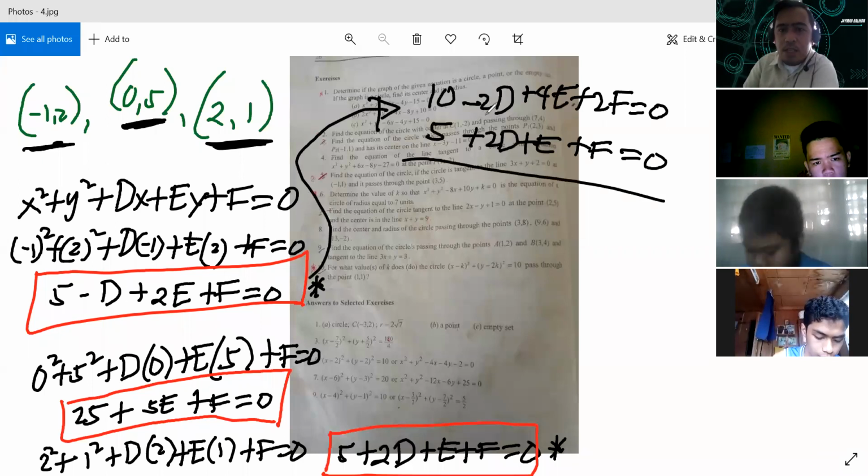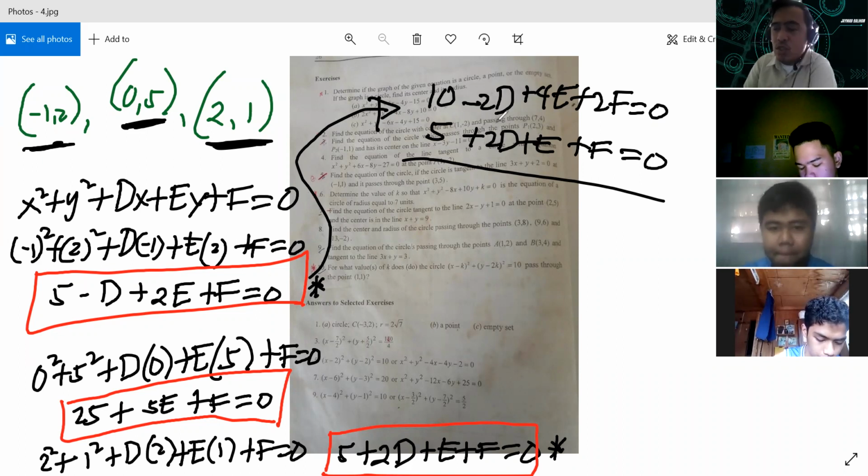5 plus 2d plus e plus f equal to 0. Then, since they have the same numerical coefficient, but the signs are not the same, you add them. If their signs are different or unlike, you are going to add. If they are the same, you subtract. If not the same, you add.